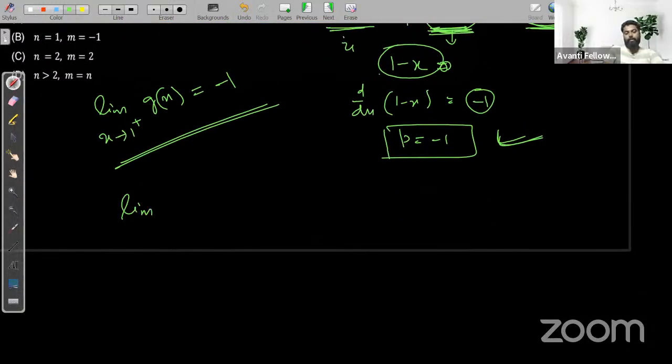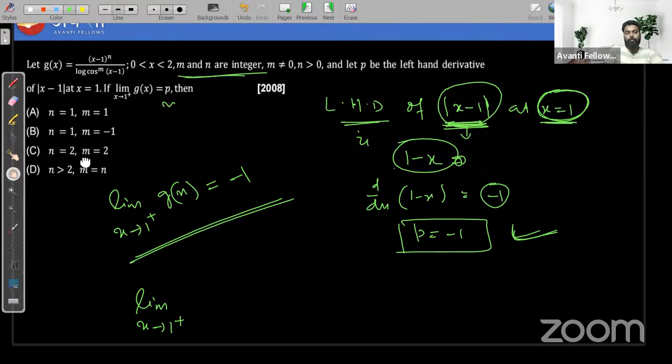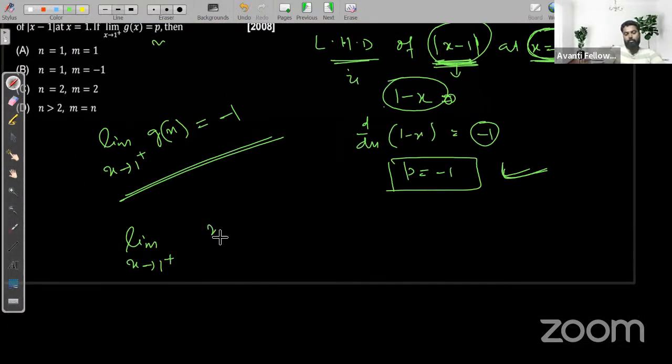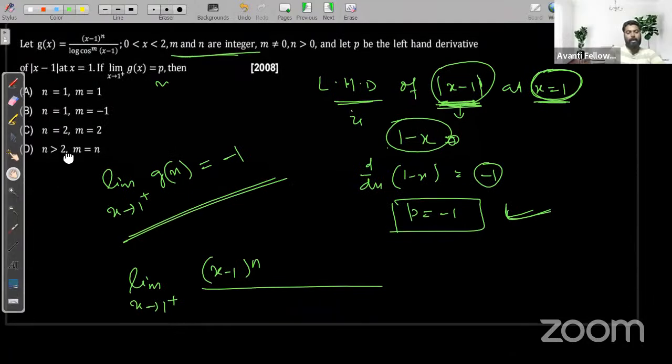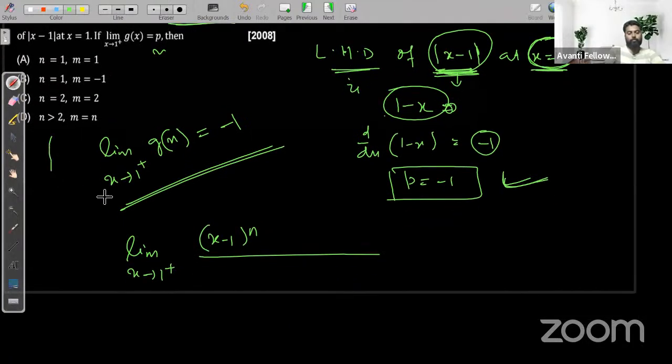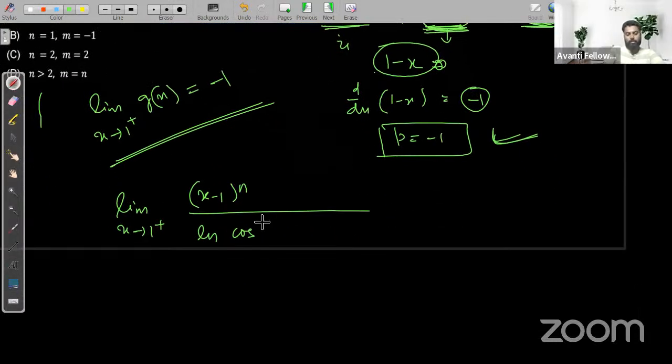The limit as x tends to 1 plus of g of x is given as x minus 1 to the power n divided by ln of cos to the power m of x minus 1.